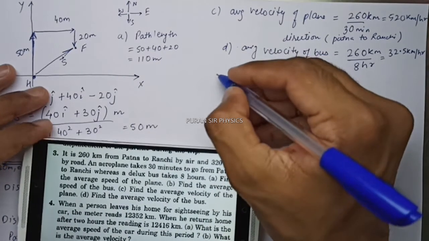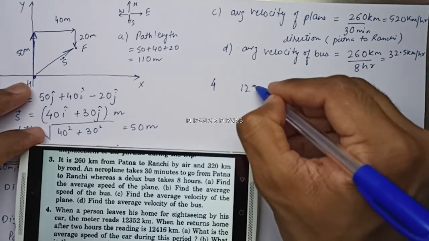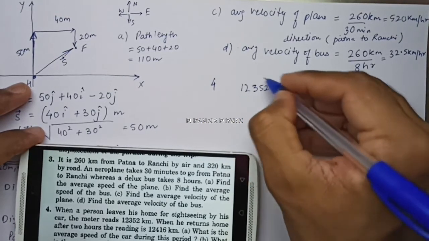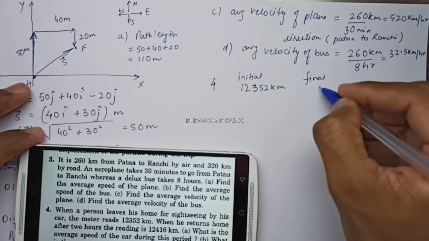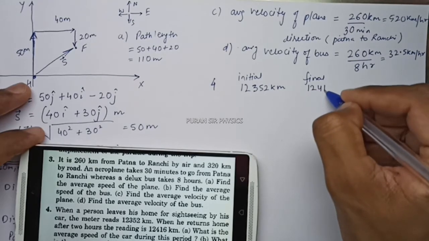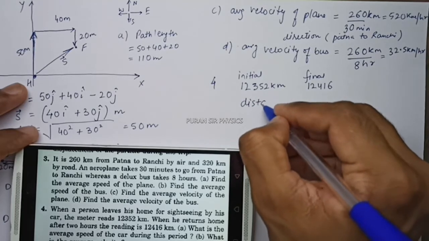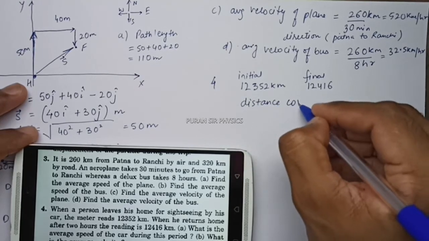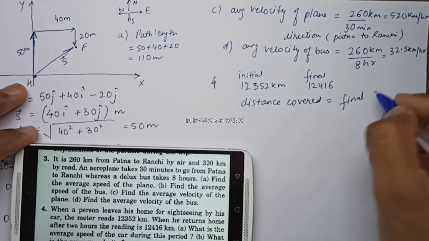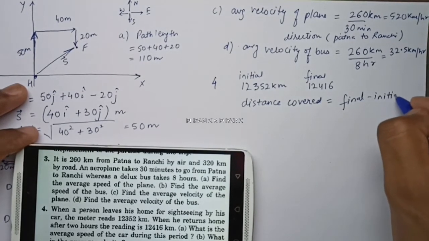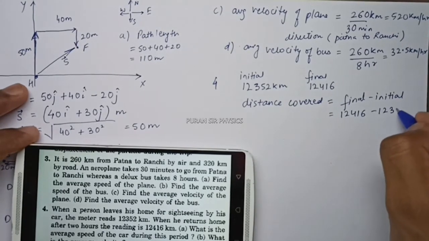So in this case, meter reads 12,352 km. That is the initial reading, and the final reading is 12,416. So the distance covered will be final minus initial reading. So that will be 12,416 minus 12,352.